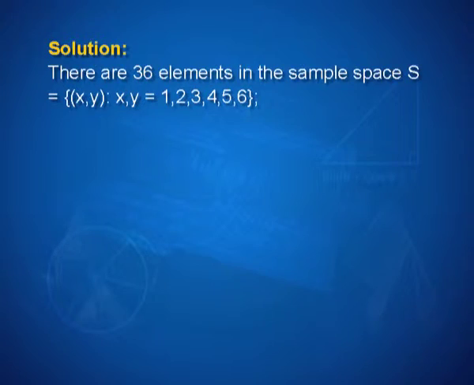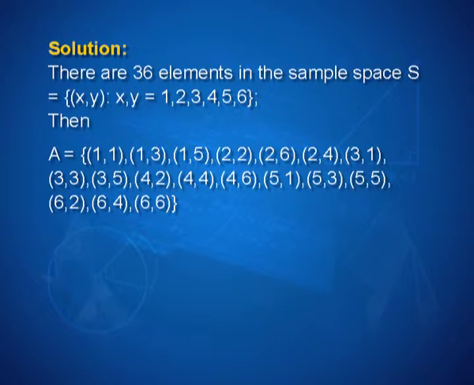Let us see here, there are 36 elements in the sample space. S = {(x, y)}, where x and y are equal to 1, 2, 3, 4, 5, 6. Then A is the set of all pairs with even sum: (1,1), (1,3), (1,5), (2,2), (2,6), (2,4), (3,1), (3,3), (3,5), (4,2), (4,4), (4,6), (5,1), (5,3), (5,5), (6,2), (6,4), (6,6).